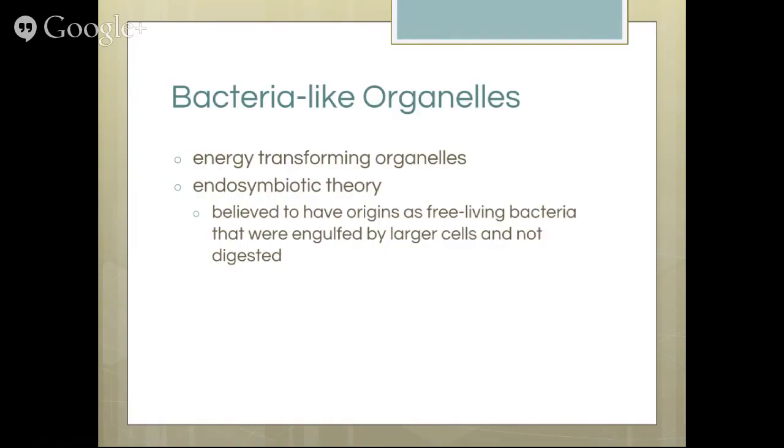And so the cell, instead of digesting it, for some reason, was able to maintain those bacteria-like organisms in its body. And then as the organism or the cell reproduced, those smaller cells got reproduced and passed along as well. And so we think that might be how they interact with each other.